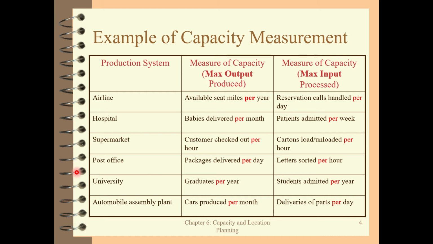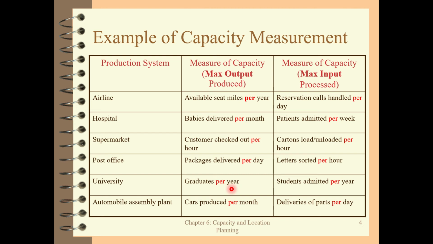For the university, this is a service system, right? The number of graduates per year. For instance, suppose our university can produce a maximum of 10,000 graduates per year. This is the maximum output that we can produce. Okay, don't forget the word maximum. If it doesn't say anything about maximum, it is not the capacity.